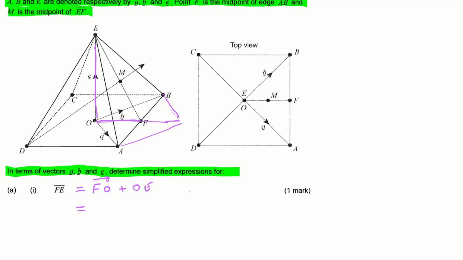And going from O to this point over here, which I'll call X for now, that would be A plus B. So going from O to F is a half of A plus B. So going from F to O is negative a half of A plus B. And then we just do E. So that's that one done.